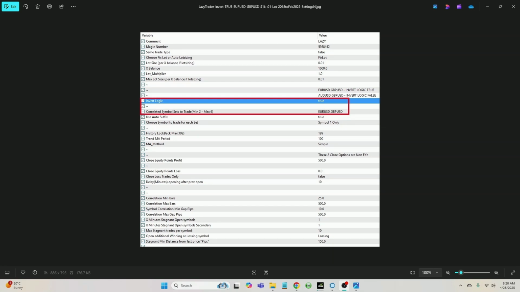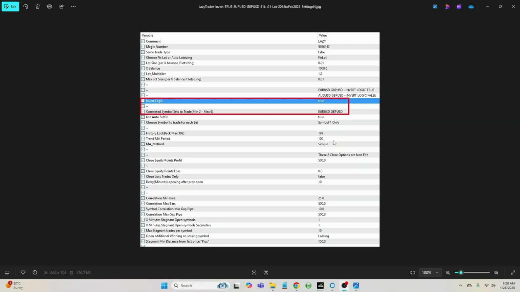For Euro USD and British Pound USD, you have to make sure there's a comma between the two in this setting where it says correlated symbol sets to trade. It says minimum 2, maximum 6. You literally can trade up to 6 symbols with this expert advisor. Our default settings are only going to actually trade one symbol, the first symbol, Euro USD.